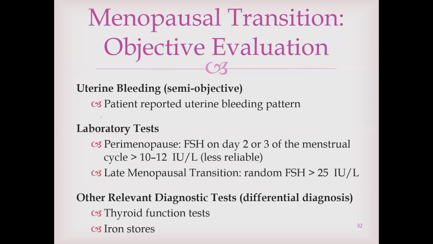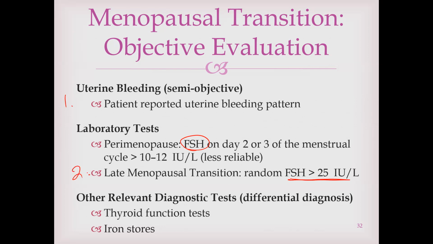And so we want to evaluate objectively using the bleeding criteria as your primary diagnostic criteria. You may also do FSH as a backup. That will be defined as FSH greater than 25 would be diagnostic of late menopausal transition. That's kind of your backup criterion.